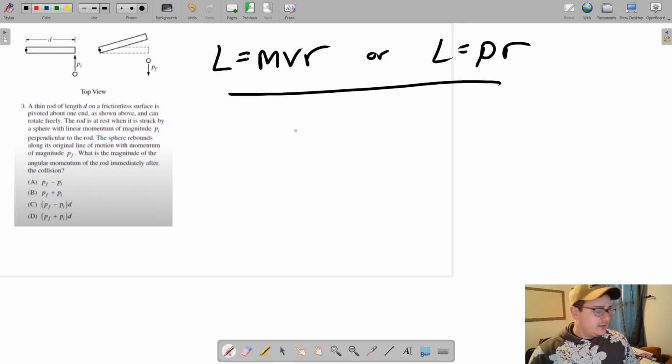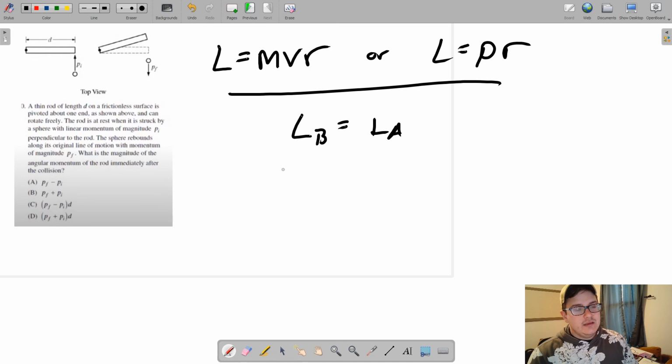So the first thing we're going to denote is that this is a collision. So we can say the angular momentum before equals angular momentum afterwards. There's only one object moving before the collision, right when this ball hits the end.